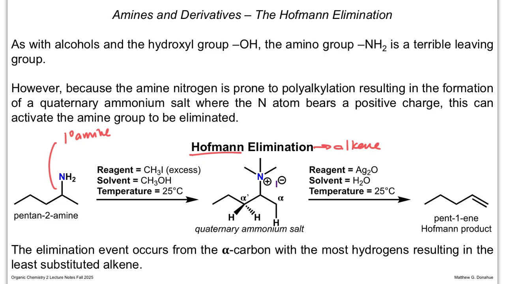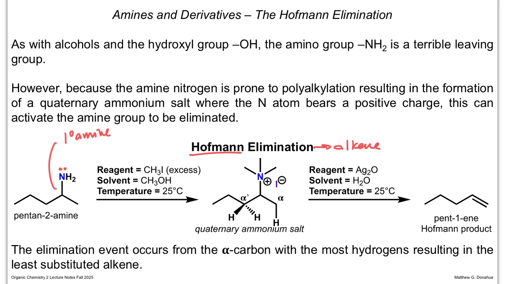So that nitrogen has a lone pair. If we treat it with an excess of electrophile, in this case methyl iodide, notice what we end up with. We've put 1, 2, 3 methyl groups. That's because we're starting with 2 hydrogens and a lone pair.